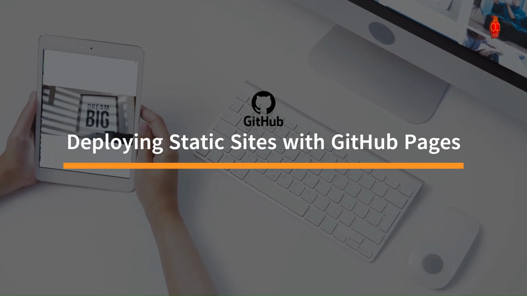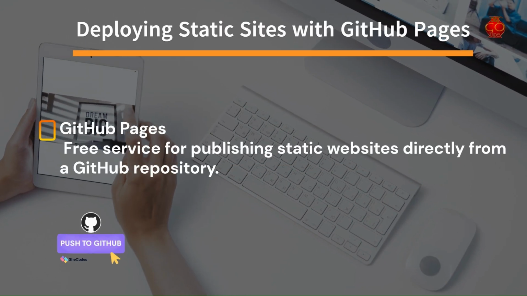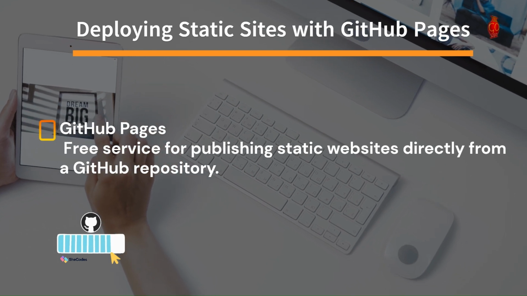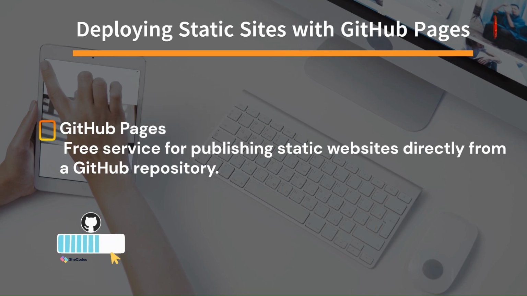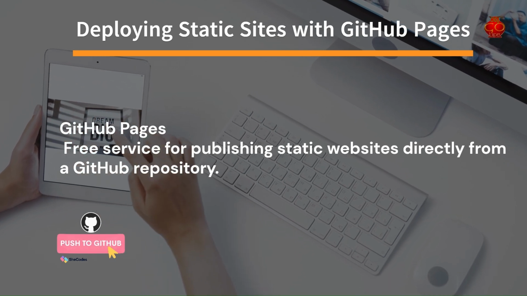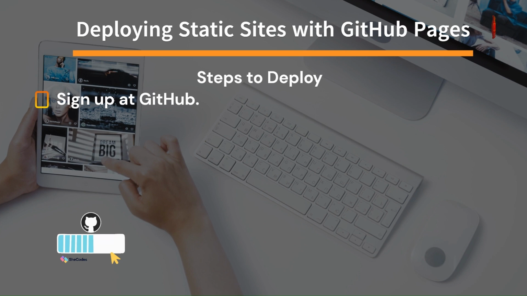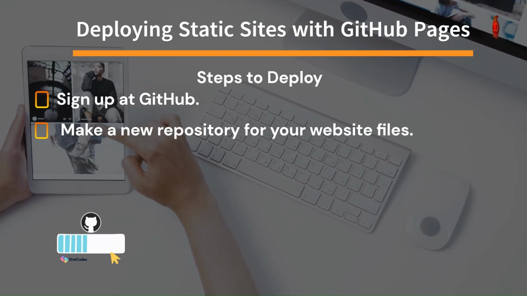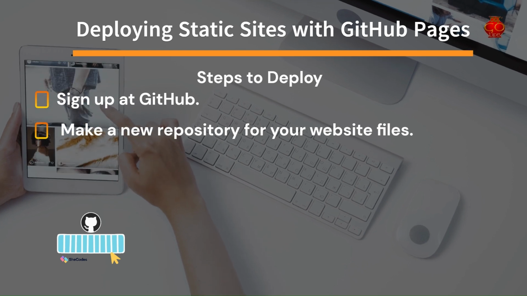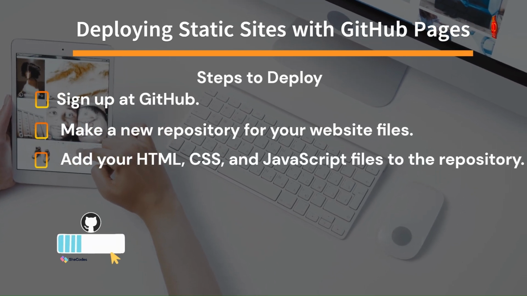GitHub Pages is a service that lets you publish your static website directly from a GitHub repository. It's ideal for simple sites and free if you have a GitHub account. Steps. Create a GitHub account. Sign up at GitHub. Create a repository. Make a new repository for your website files. Upload your files.